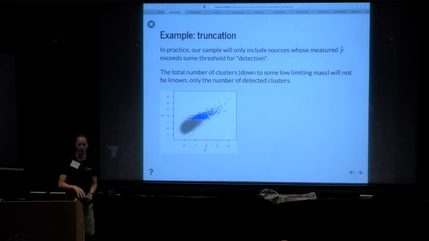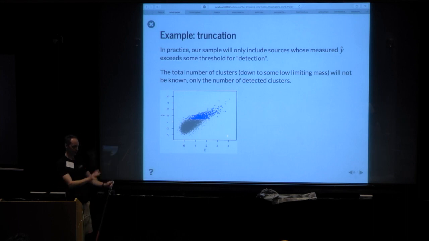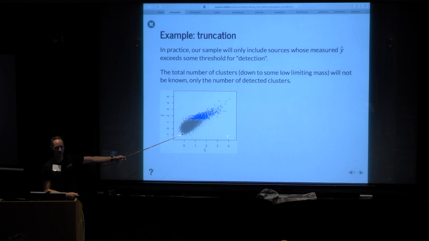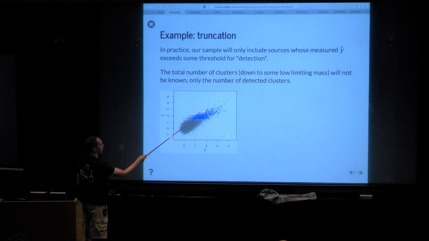So we're imagining that somebody else has actually looked at the survey data, run a detection algorithm on it, decided that we need to be above this threshold to have a very high probability of anything that we find not being a false association or detection, and then they give us this catalog of blue points. And everything in gray down here, I know about it because I made up these data, but in practice we have no idea what's down there. So that includes capital N, the total number of things. All we know is what I'm going to call N det, the number of blue points that we have.